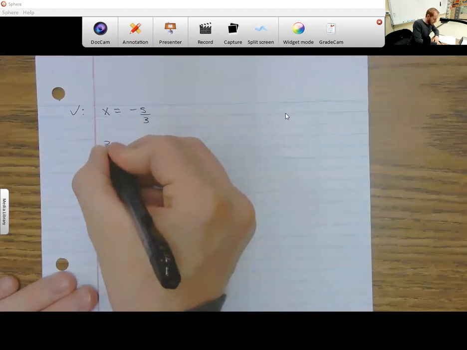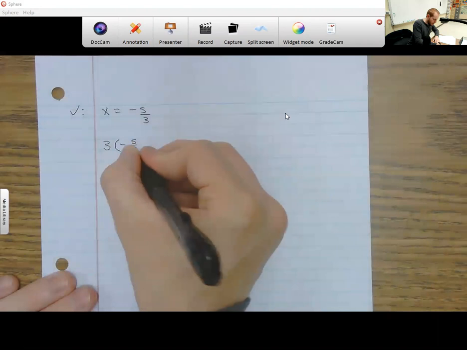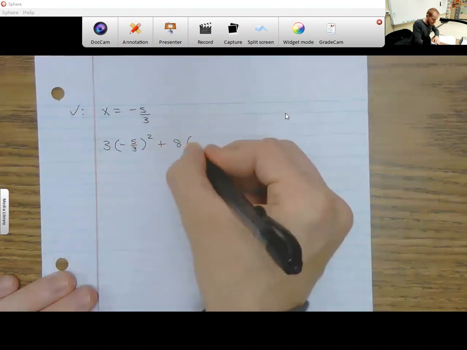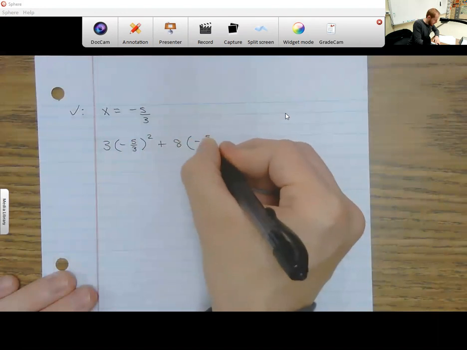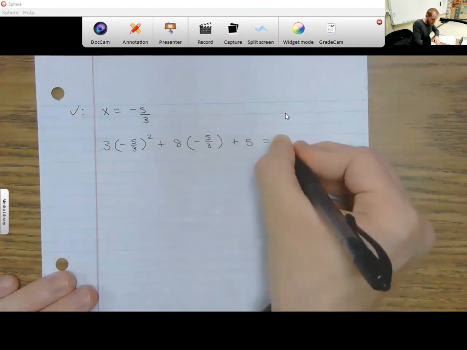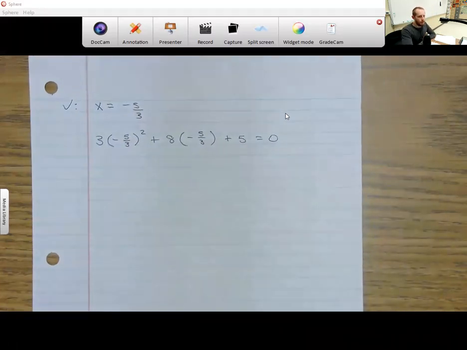So I'm going to have 3 times -5/3 squared plus 8 times -5/3 plus 5 equals 0. So all I'm doing is getting that original equation and letting x be that fraction that I found.